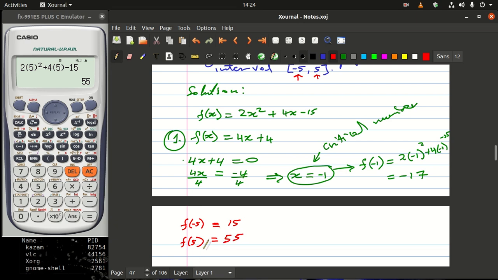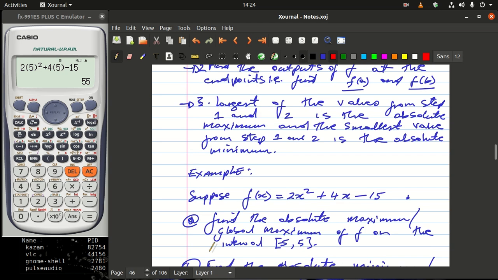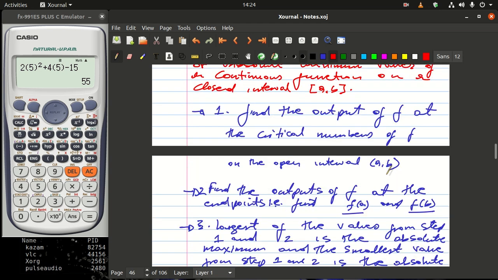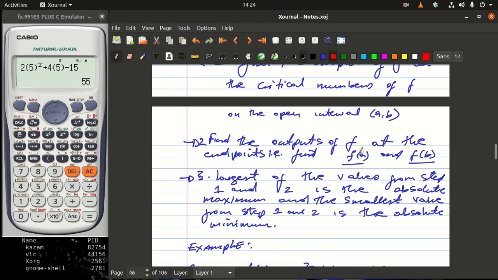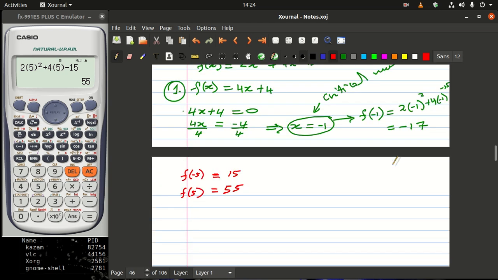What is step 2? Step 1, we wanted to find the critical numbers of that on the open interval. We got it. Then find the output at the end points, f of a and f of b, and we did that. Now we are looking at the largest value.